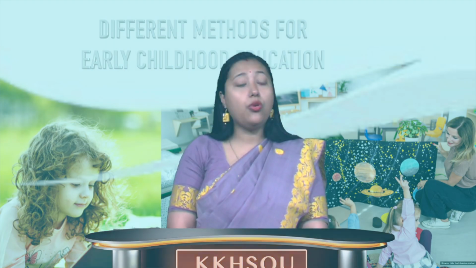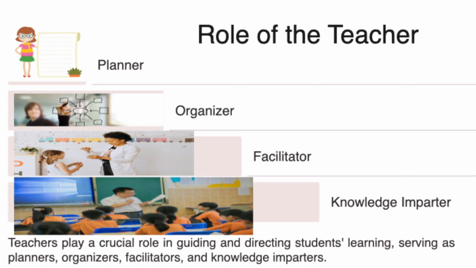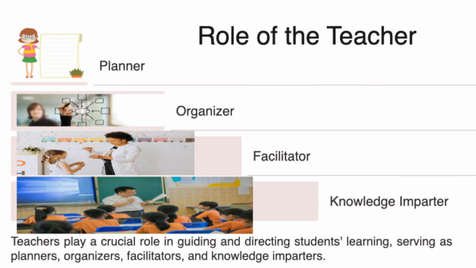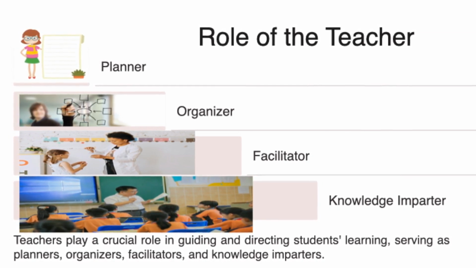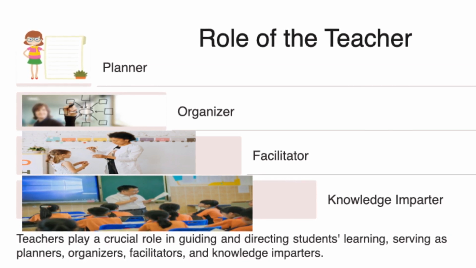Next, what is the role of the teacher in early childhood education by adopting the activity-based method of teaching? So the first role is to be a planner. See, we cannot give an activity randomly to our children. For their stage, the teacher should plan what kind of activity can help in the development of the child.